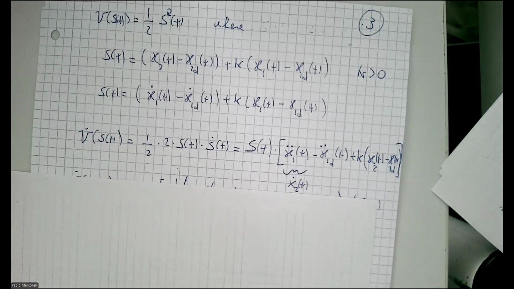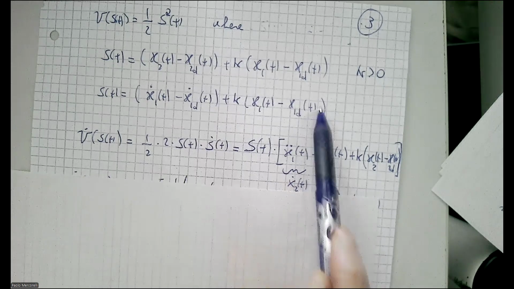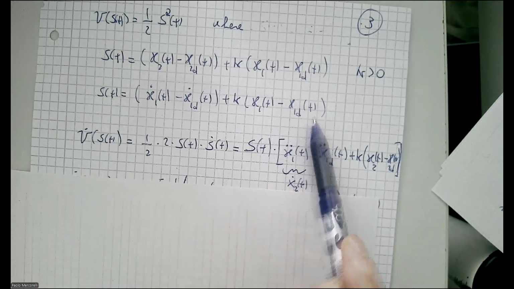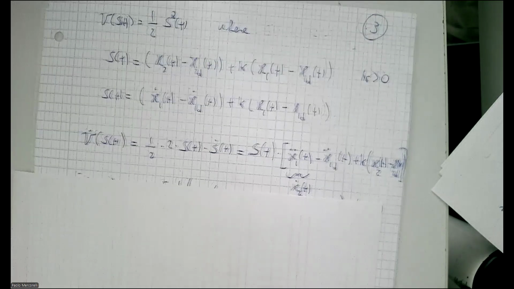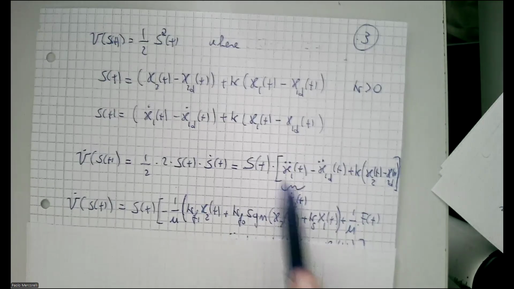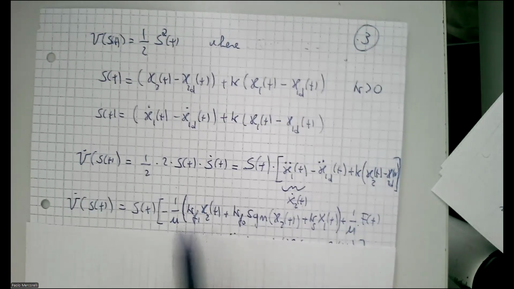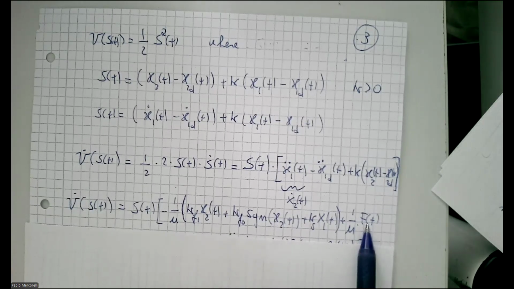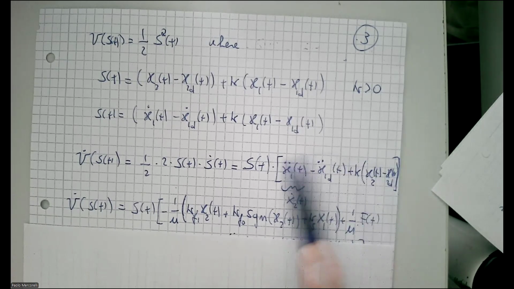Now we can understand why I am intuitively considering this kind of surface. From here I can obtain the input f of t, which guarantees that s dot is equal to 0.